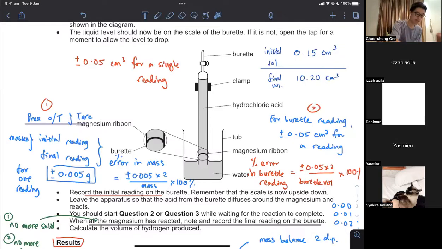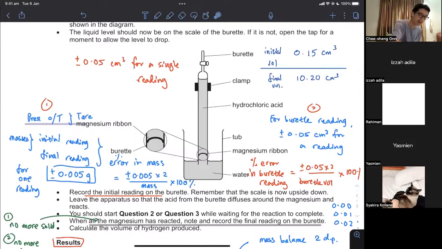Then some students say, why do I still need to multiply by 2? Because you did press the T button. If you didn't press the T button, you wouldn't know to start from 0. When you press the T or the 0 button, you are saying read the initial mass as 0.00 gram. Take away whatever initial mass it was, which is very light, but take away that mass.